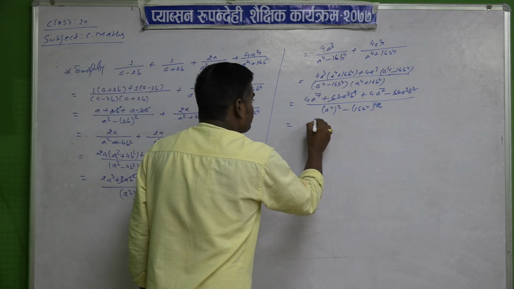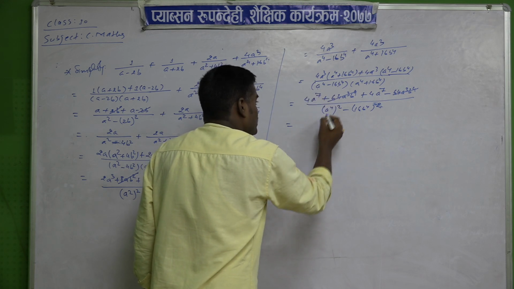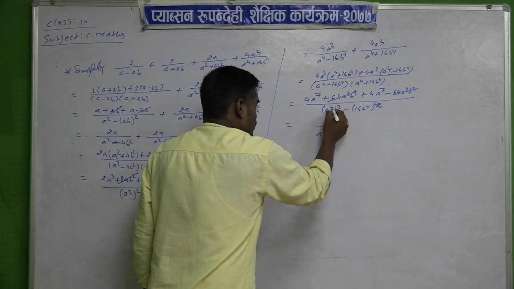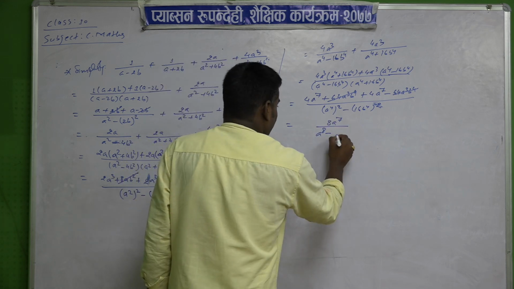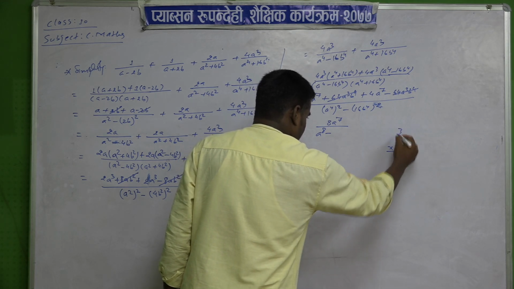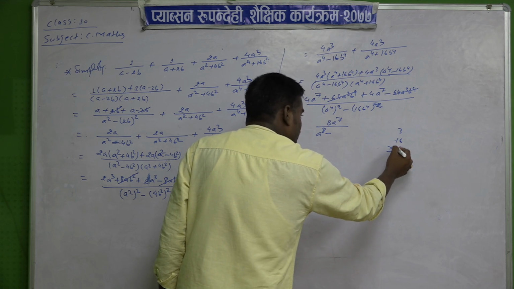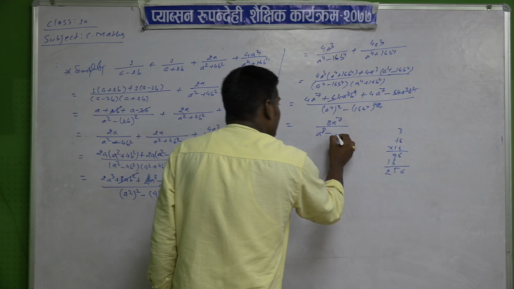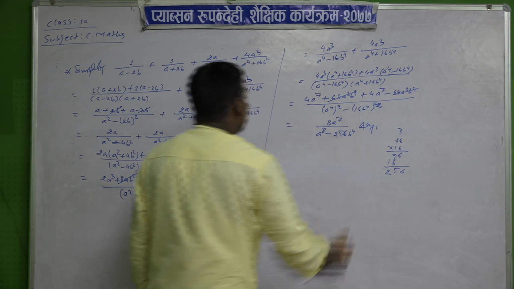So what is left? 4a⁷ plus 4a⁷ means 8a⁷ upon 4 to the 8, and square of 16 means what? 16 into 16 means 6 6s are 36, 6 1s are 6 plus 3 is 9, 6 1 is 6, 256b⁴. So this is the answer.